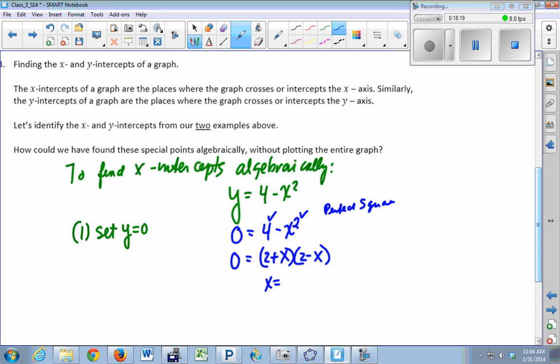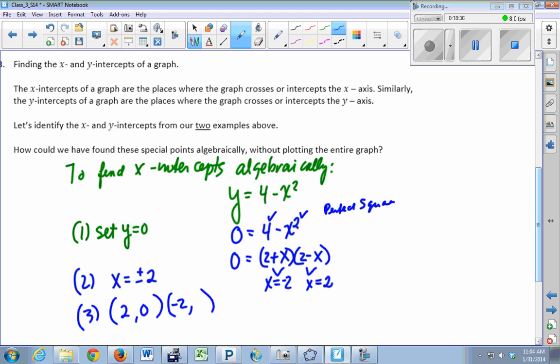Because when x equals -2, this becomes 0. And when x equals +2, this becomes 0. So our values for x are plus and minus 2. And then we just create our two x-intercepts by writing them as the coordinates 2, 0 and -2, 0. So when we want to find them algebraically, we set y equal to 0 and we solve the equation. Solve for x.